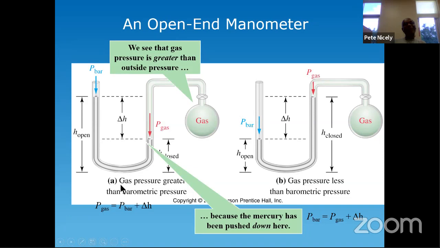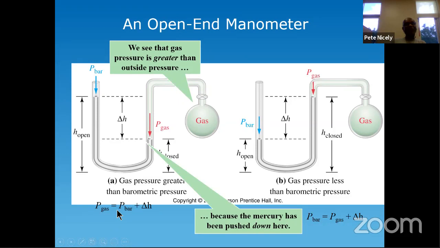So what that tells us is that the difference between the pressure of the gas here and the barometric pressure here would be the height difference between the mercury levels on either side, right? So the relationship between P gas, delta H, and P bar is that P gas is equal to the sum of the barometric pressure plus delta H, and that's the equation that is given right here.